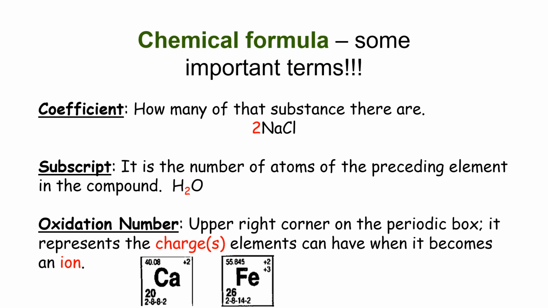However, if let's say we look at iron, which is Fe, you will see 2 oxidation states for iron, which means iron can lose 2 electrons and make an ion with a +2 charge, and iron can also lose 3 electrons and make an ion with a +3 charge. So iron has the ability to make 2 different types of ions. So that's what the oxidation numbers tell us.